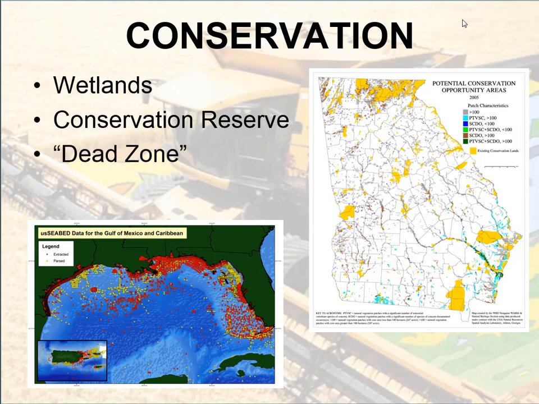What we've seen a lot of times is what's been referred to as the dead zone down in the Gulf of Mexico. So we're utilizing software and data that's been gathered and collected in the fields, to determine how much of it we as farmers are responsible for. So we see that being utilized on the conservation side.